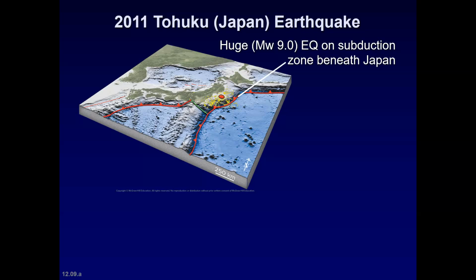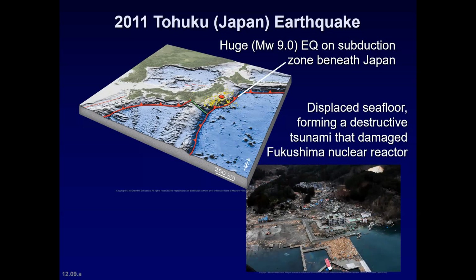It occurred where the Pacific plate is subducted beneath Asia, and the earthquake displaced the seafloor, which resulted in a huge tsunami that swept inland many kilometers. It destroyed entire towns, and of course, the Fukushima nuclear reactor, which had a core meltdown due to the failure of coolant pumps and backup generators.